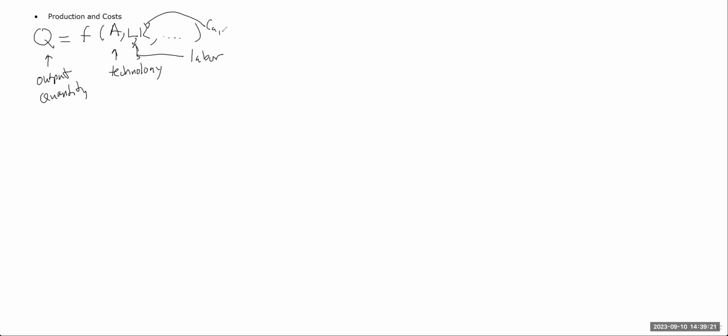Like I said before, production function is Q equals some function of A, L, K, where Q is output, quantity, how much output we have. And that's a function of technology. A is, I think, advancements. We use that for technology in economics. L is labor. And K is capital.